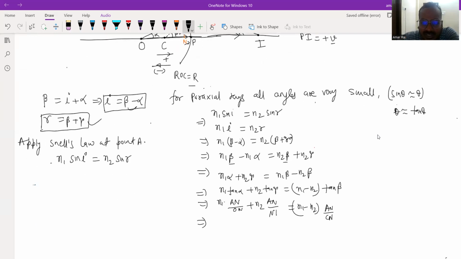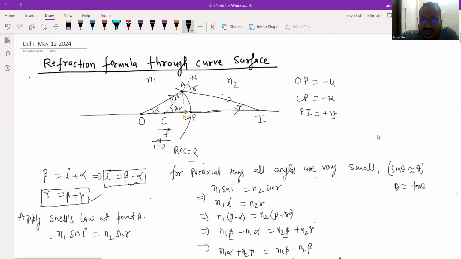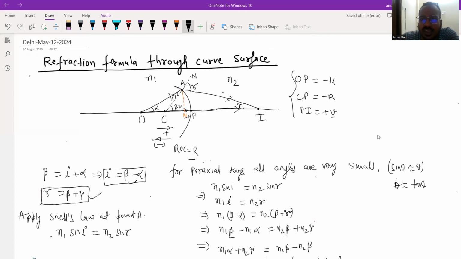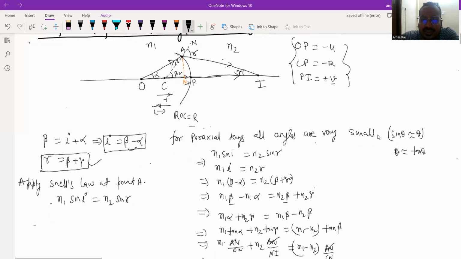So AN cancels. So N1 by OP plus N2 by PI is equal to N1 minus N2 by CP. Now put these values OP, CP and PI in the equation.